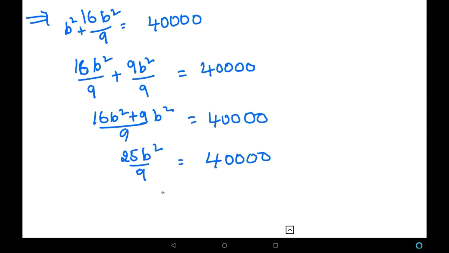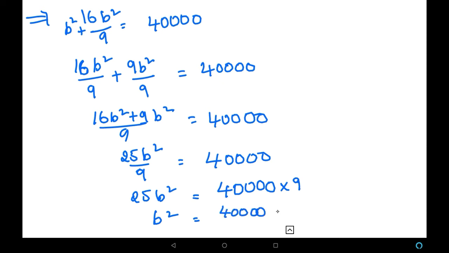Now the 9 in the denominator on the LHS we are going to move to the RHS. So it becomes 25B square is equal to 40,000 into 9. Now we move the 25 also to the RHS. On the LHS it is a numerator, so on the RHS it becomes the denominator: 40,000 into 9 by 25.